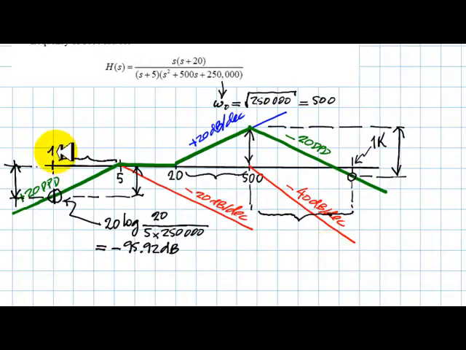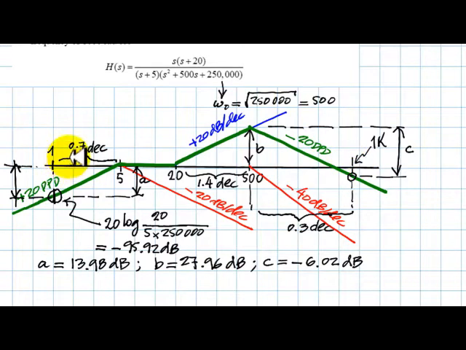The value at 1 radian per second, of course, is 20 log of 20 divided by 5 divided by 250,000, which is negative 95.92 decibels. From there, we compute the values at all the other knees. We need to compute these decades, those decades, and these decades up to 1 kiloradian per second.